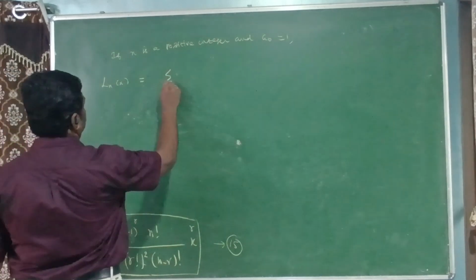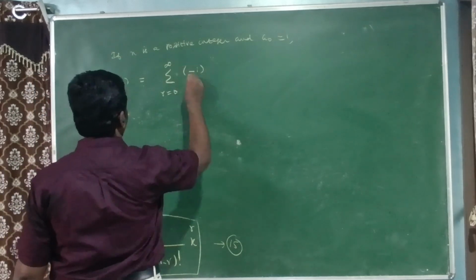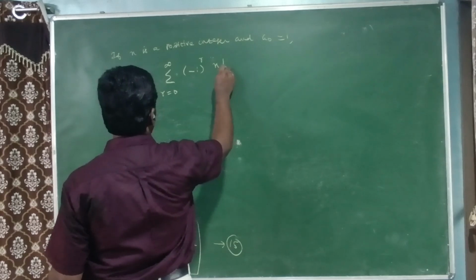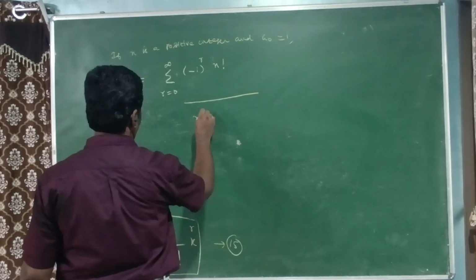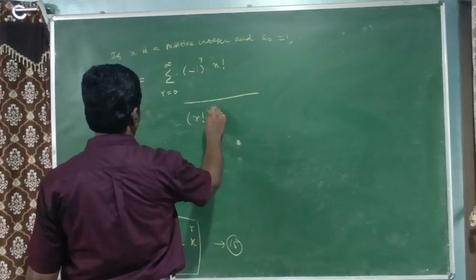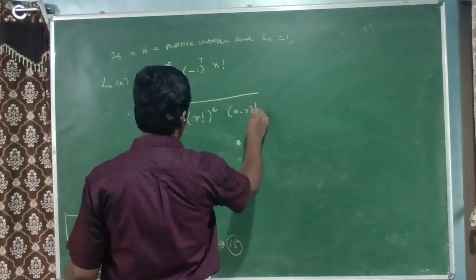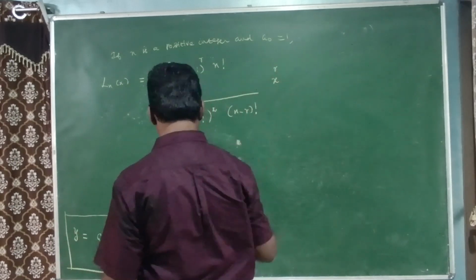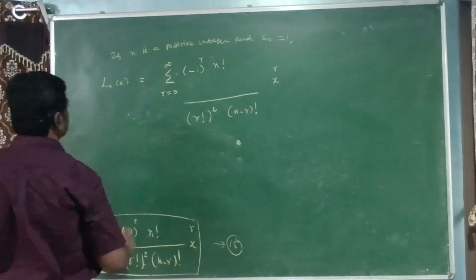Summation r equal to 0 to infinity minus 1 power r n factorial divided by r factorial square n minus r factorial x power r.